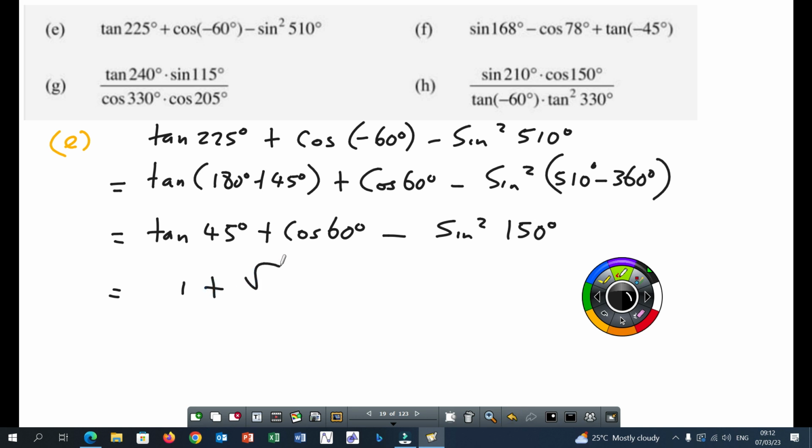Cos 60 is a half. Sine 150 is the same as sine 30 degrees, because they are squared, it will be minus a half squared. Sine 30 is a half, and a half squared will give you that.